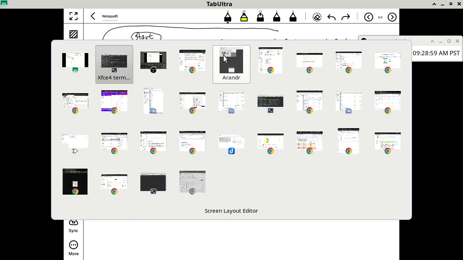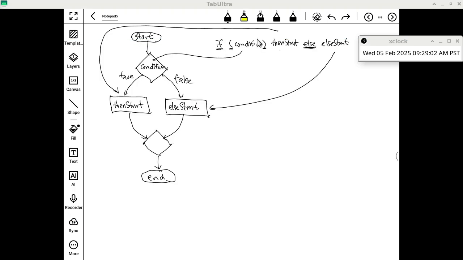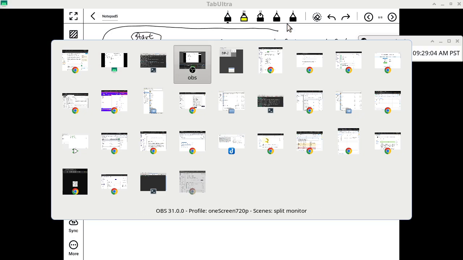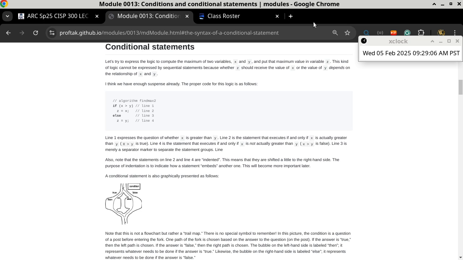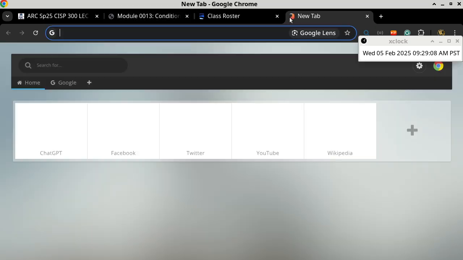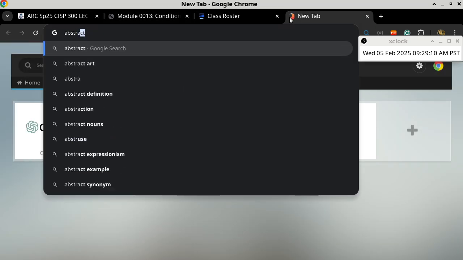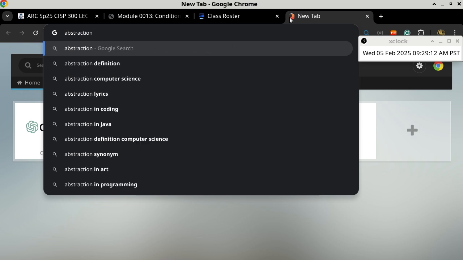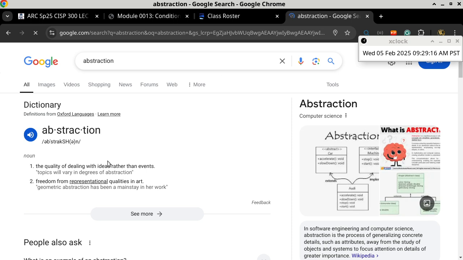I know it is not directly related to this class, but I think it is actually a very important topic to go over because once we understand what abstraction is and how it can be difficult for some people to grasp, I think that's important. So: the quality of dealing with ideas rather than events, and freedom from representation qualities in art. Okay, so we choose the first one.